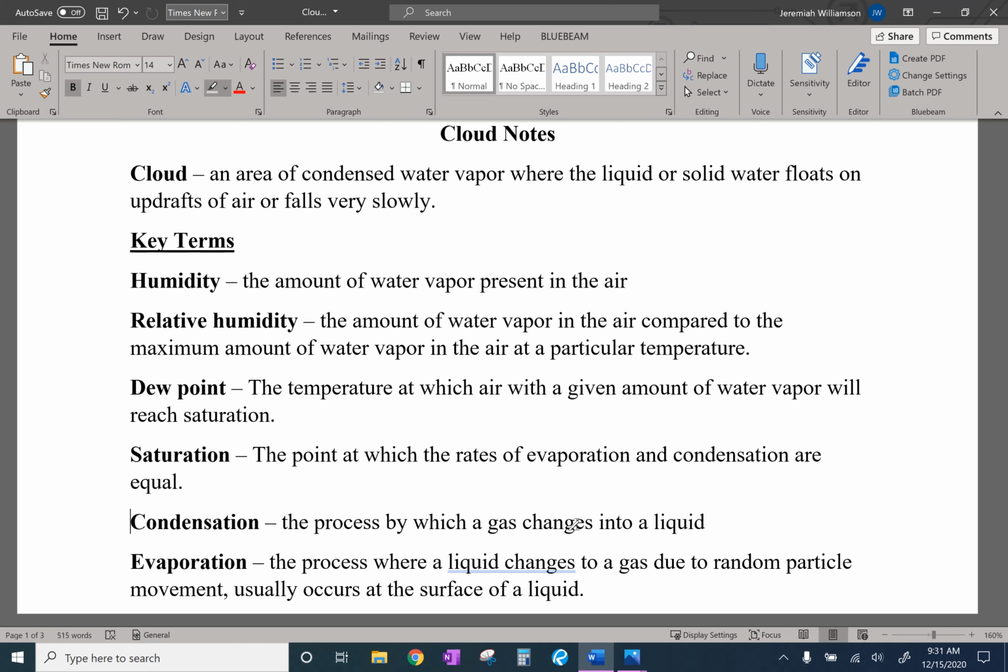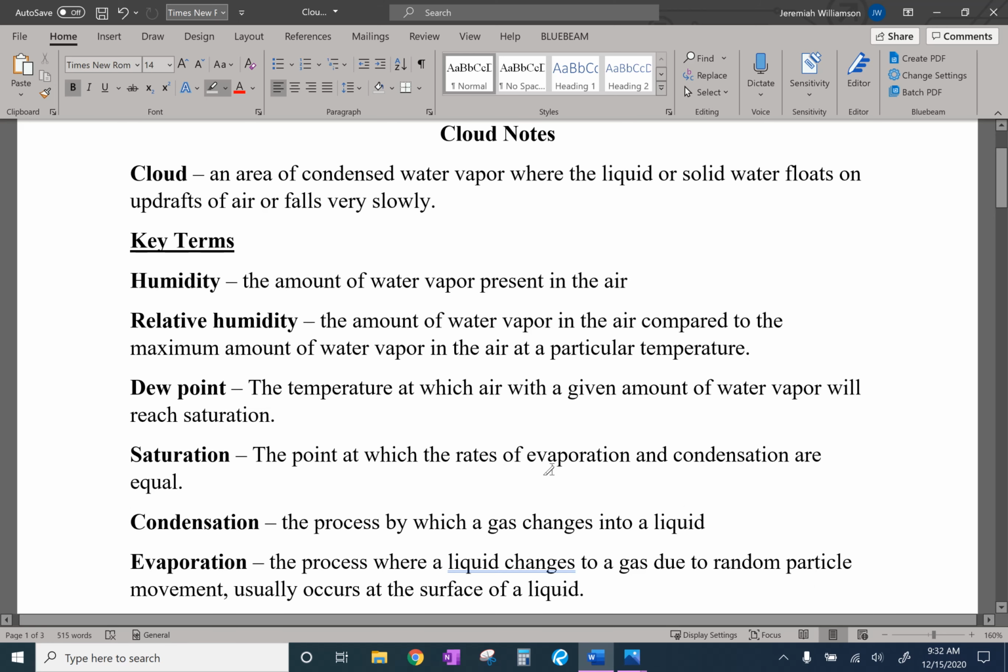You can take a cup of water and set it on a table or dresser and just have it sitting there and never boil it, never really change the temperature of it, and the water will eventually evaporate away just from random particle movement. If you remember, the particles are moving around, bumping into each other, and occasionally some will just fly off.